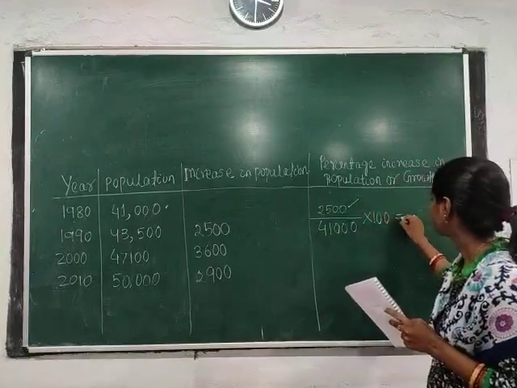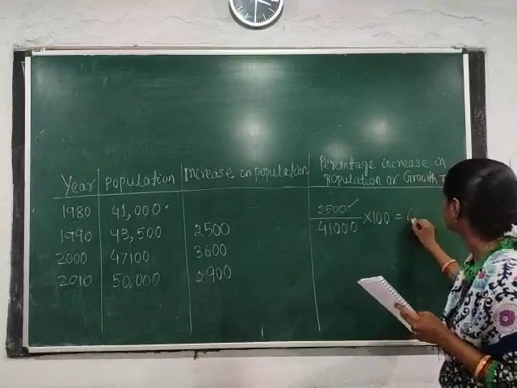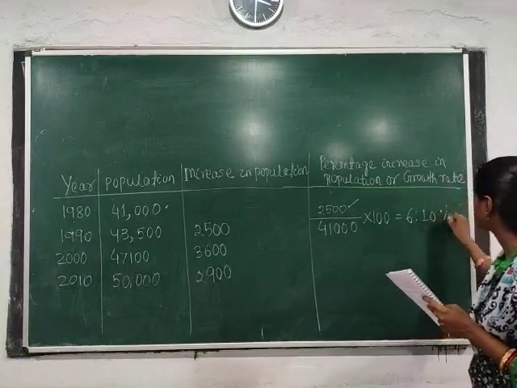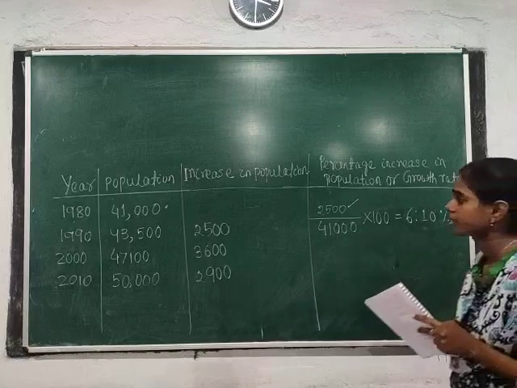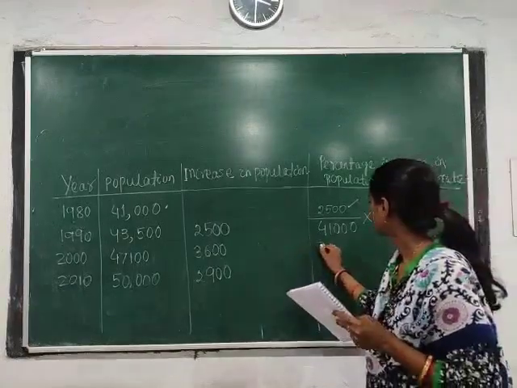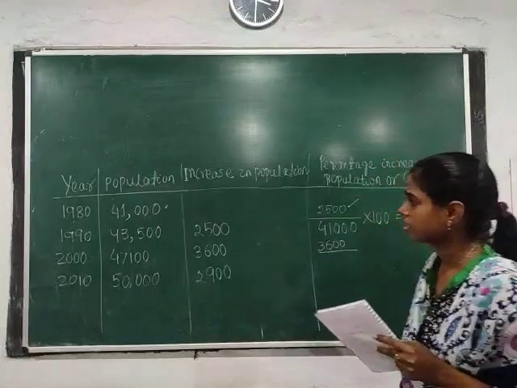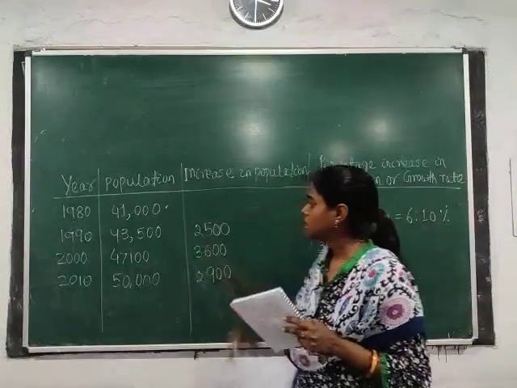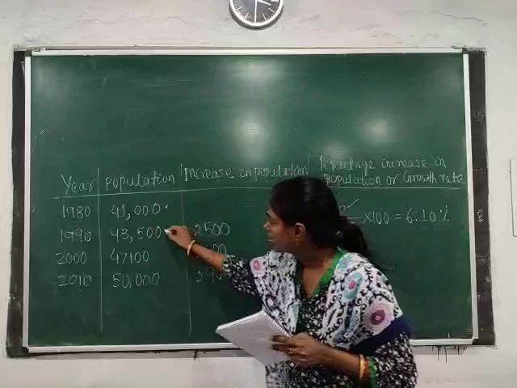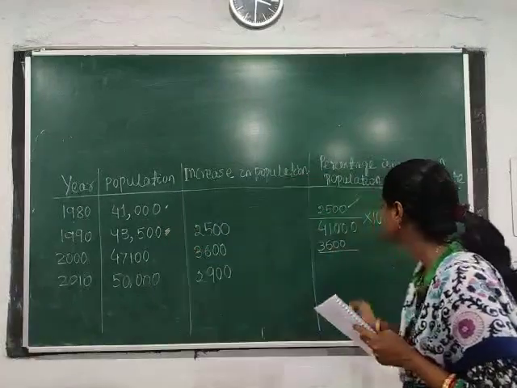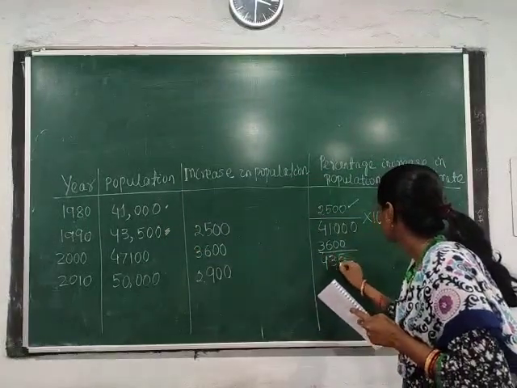Multiplied by 100, it will give the growth rate for the first decade, that is 6.10%. Then for the next decade, the increase in population is 3,600 and the original is 43,500.